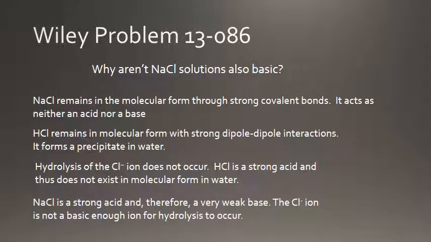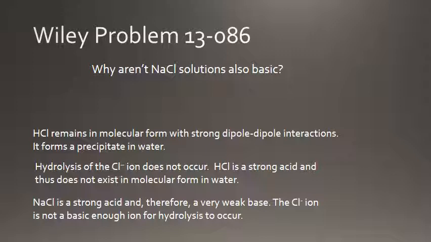NaCl remains in the molecular form. That's not correct. It's an ionic compound and it's a strong electrolyte. It definitely breaks apart into sodium and chloride ions. So that's not a good answer. HCl remains in molecular form with strong dipole-dipole interaction. It's a precipitate.